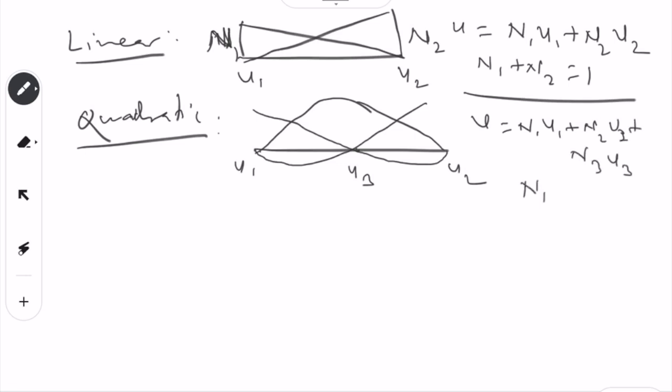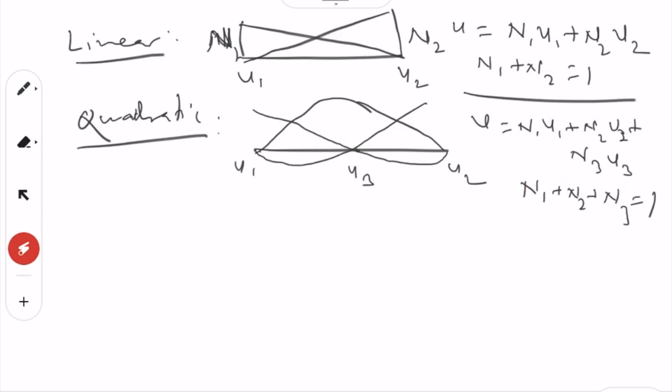Here also n1 plus n2 plus n3 will be equal to 1 only. However, n here in the linear case is a line, as you see here n is a quadratic function, as you can see that.